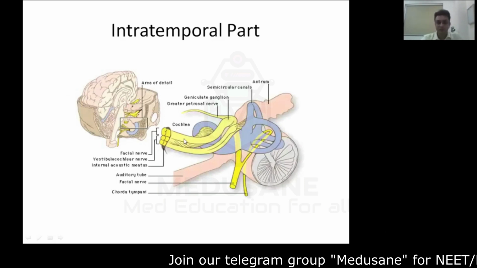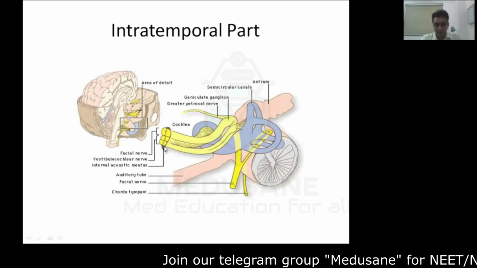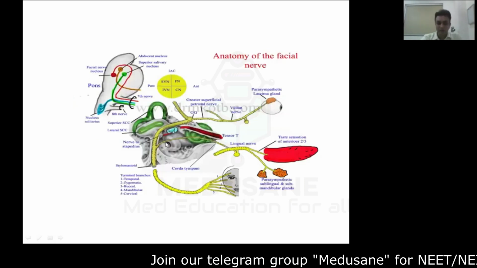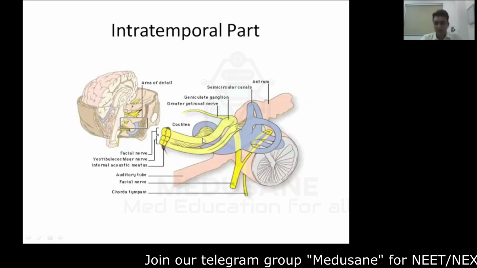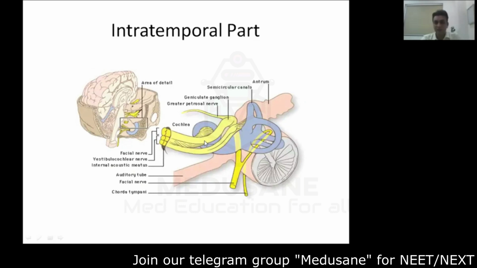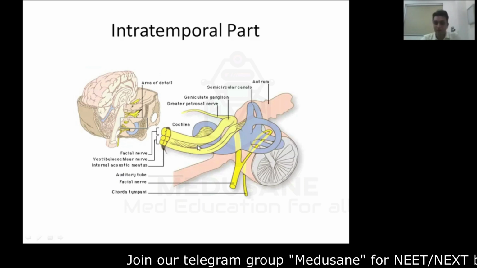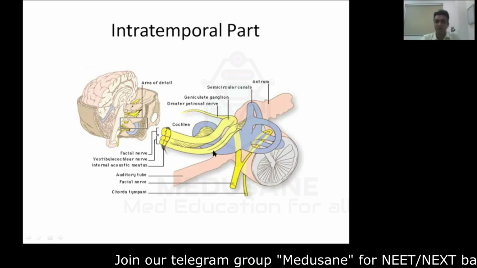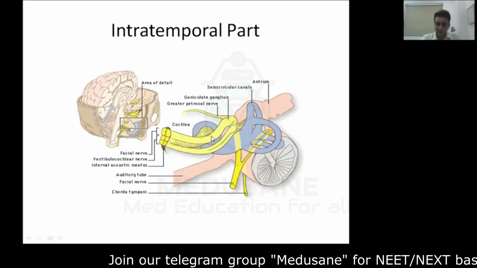So in this picture, we can see that here is the medial end of the internal acoustic canal. From here, it travels. Here, it becomes the lateral end of the canal, where the cochleovestibular nerve has also divided into the cochlear part and vestibular part, and the vestibular part in turn has divided into superior and inferior vestibular nerves. This is the facial nerve.